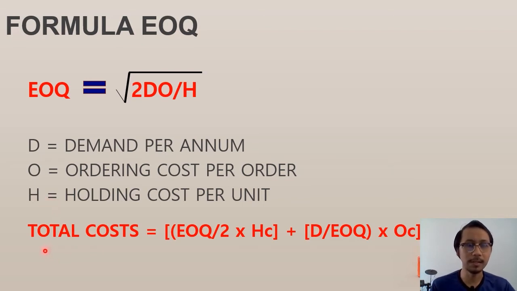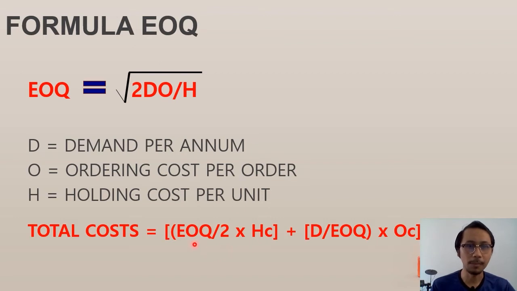Down here you can see the formula for calculating the total cost. It's equivalent to EOQ divided by 2 times the holding cost per unit, plus the demand divided by EOQ times the ordering cost per order.